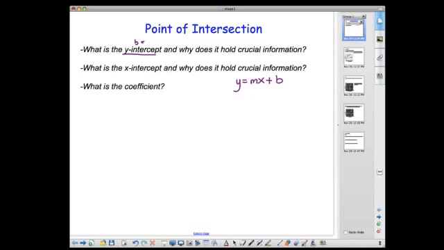Okay, so the y-intercept is where a linear equation does just that. It intercepts the y-axis.